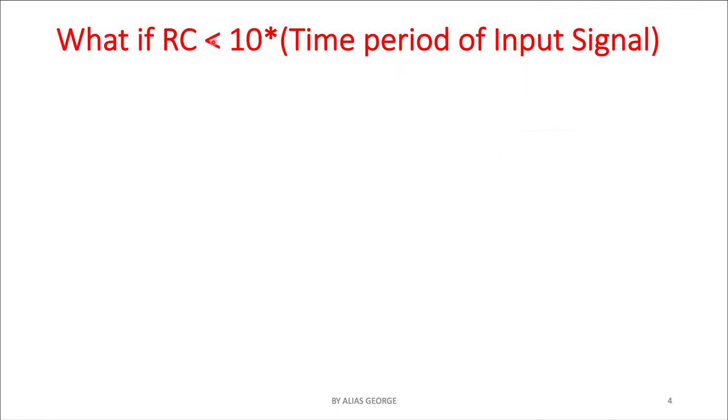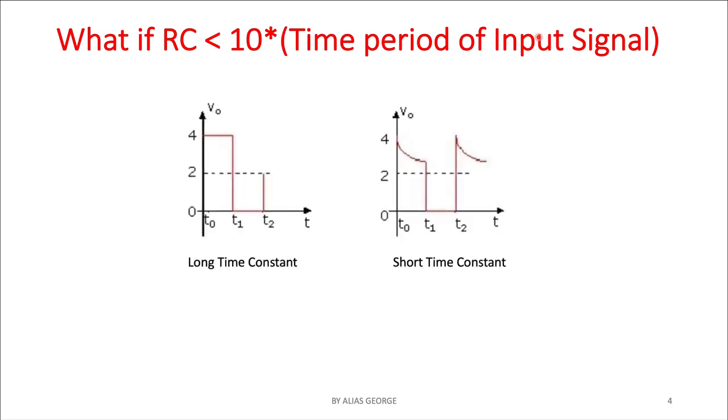What if the RC product is less than 10 times the time period of the input signal? Earlier we talked about how it is very necessary to get a perfect shape. Now we can see what happens if it is less than 10. We can infer that. You can see here, on the left side, a long time constant and a short time constant.